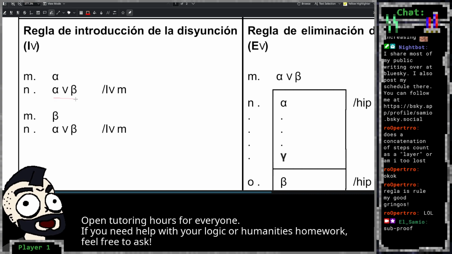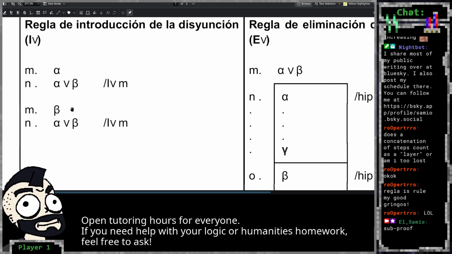But if I am eating tacos or pizza, then I cannot know specifically that I am eating tacos. So it's a one-way rule. Also, this rule is commutative, so I can add the first part or the second part. It doesn't matter.